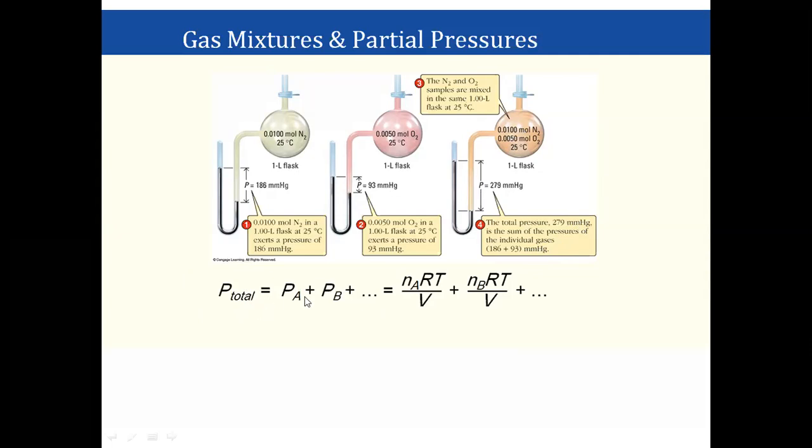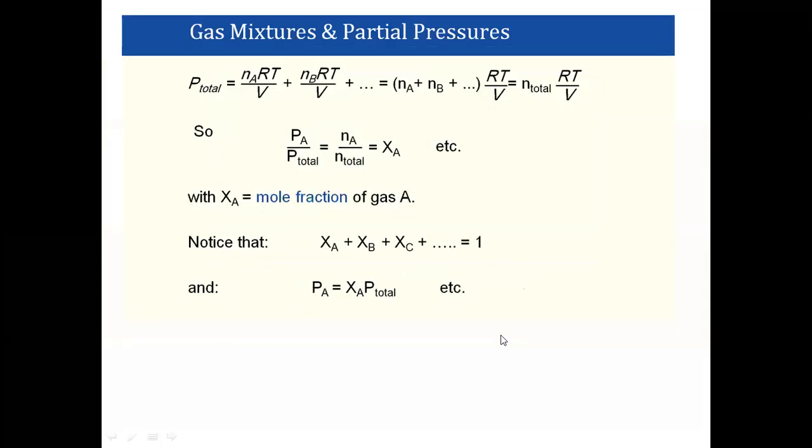For an ideal gas, the ideal gas law gives P equals nA RT over volume plus nB RT over volume. Look, nA and nB are different, the numbers of moles, but R, T and V are the same. So P total equals nA RT over V plus nB RT over V and so on.